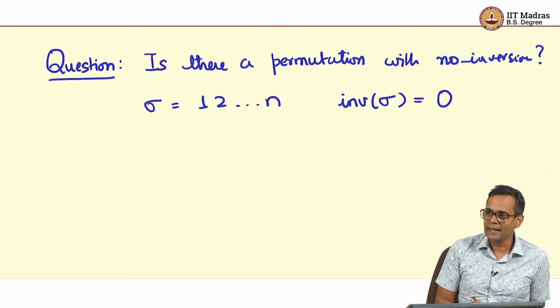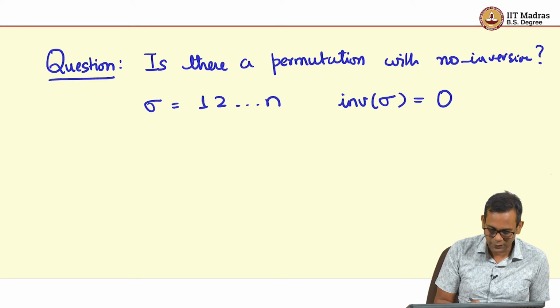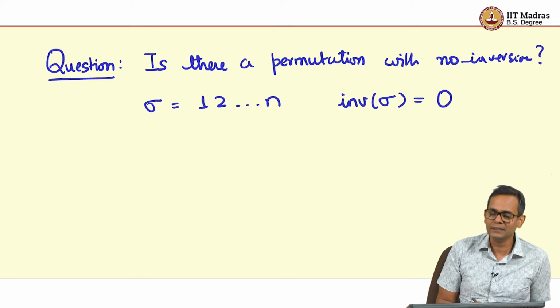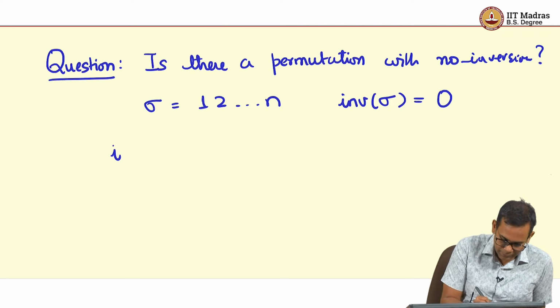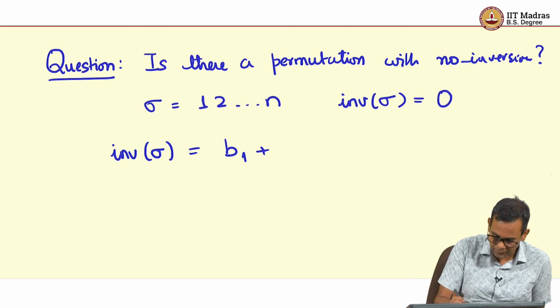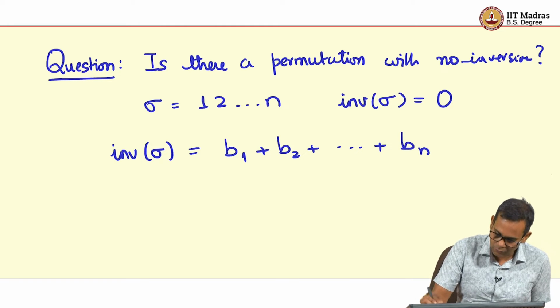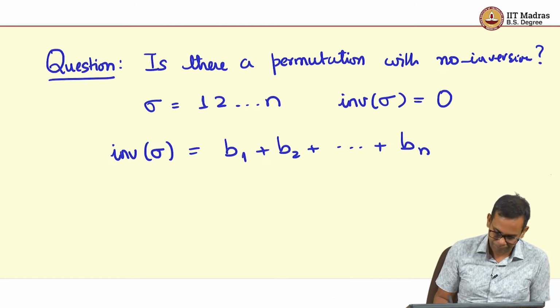Is there anything else? Well, for this we can use the inversion table if you wish. If it has no inversions, then its inversion table must be all zeros, because the inversion number is the sum of the entries in the inversion table. Remember, inversions of sigma equals B1 plus B2 and so on. Every inversion is counted by one of the Bj's.